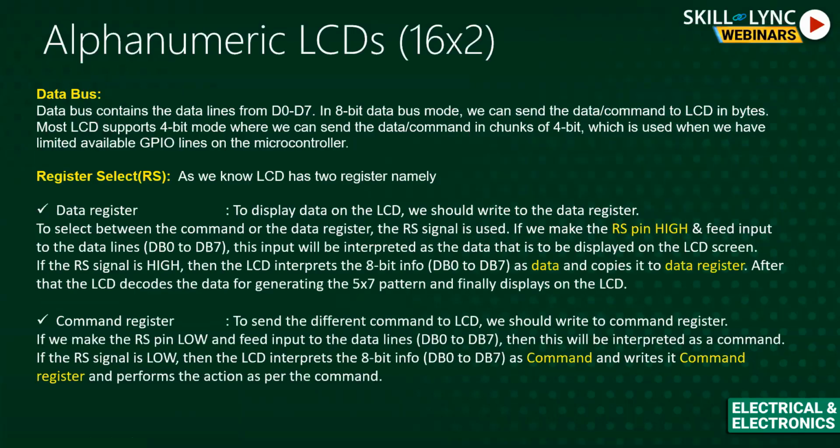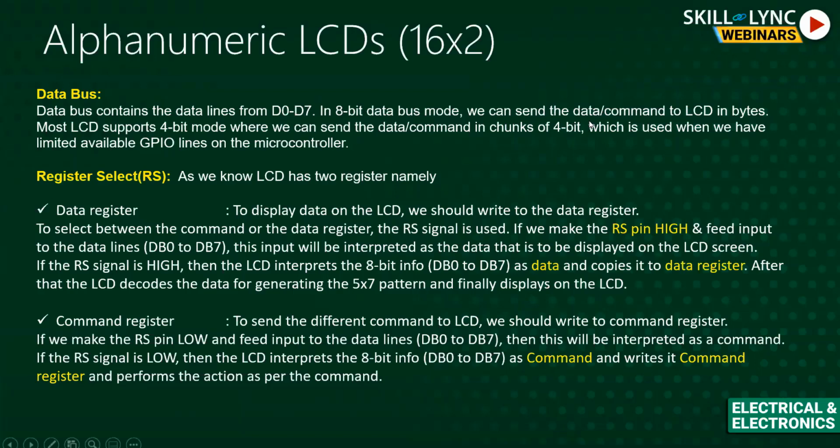Now let's see how we can send data to be printed on the LCD, and what sequence of operations we need to follow to make that happen. The data bus contains the data lines, that is DB0 to DB7 generally. Here it could be D0 to D7 as well.